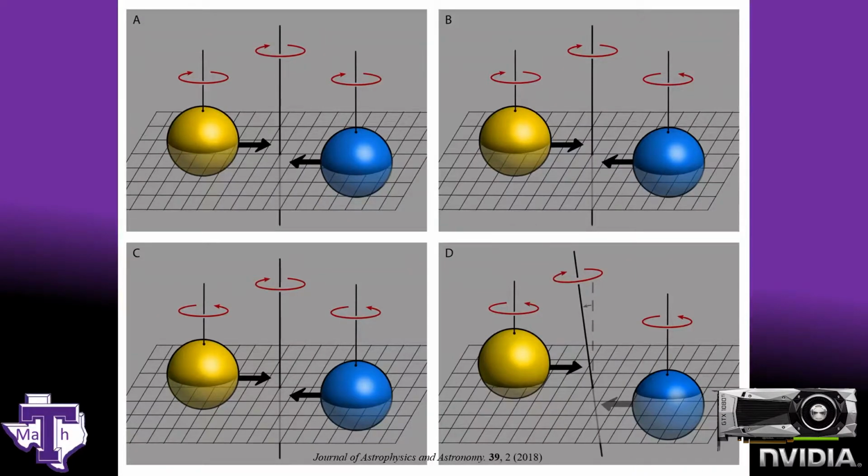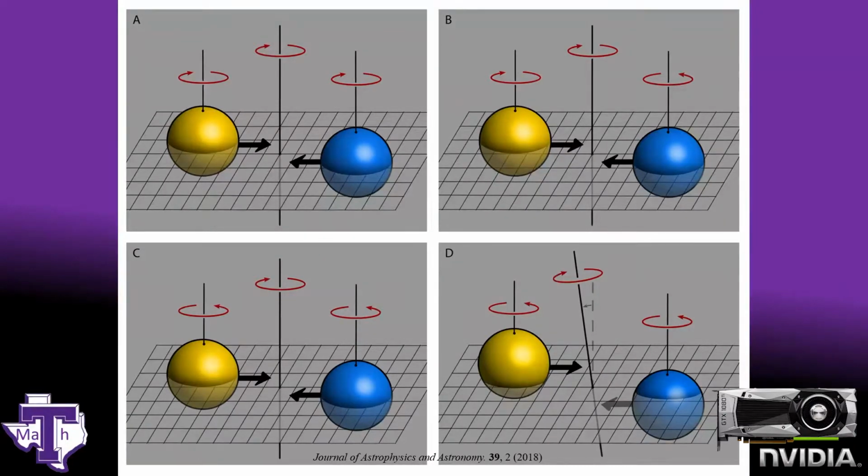And what's nice about this one is it throws out equal amounts of material from both of the impacting planets. But since all of the angular momentums align, you can't adjust the angular momentum. You're going to get what you have. And to throw enough material out into space to create a moon, the angular momentums are just too high.